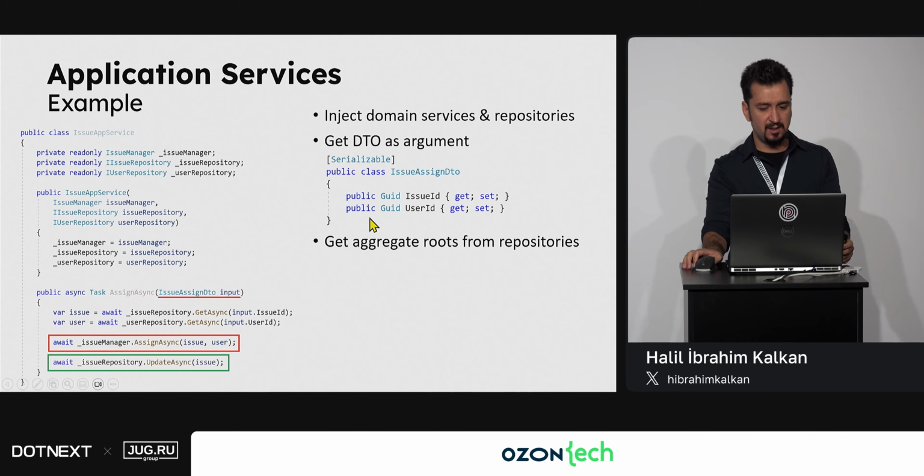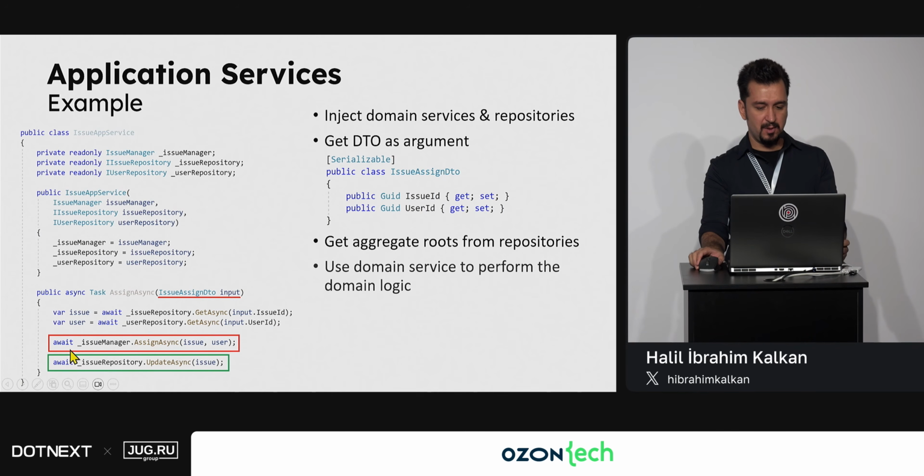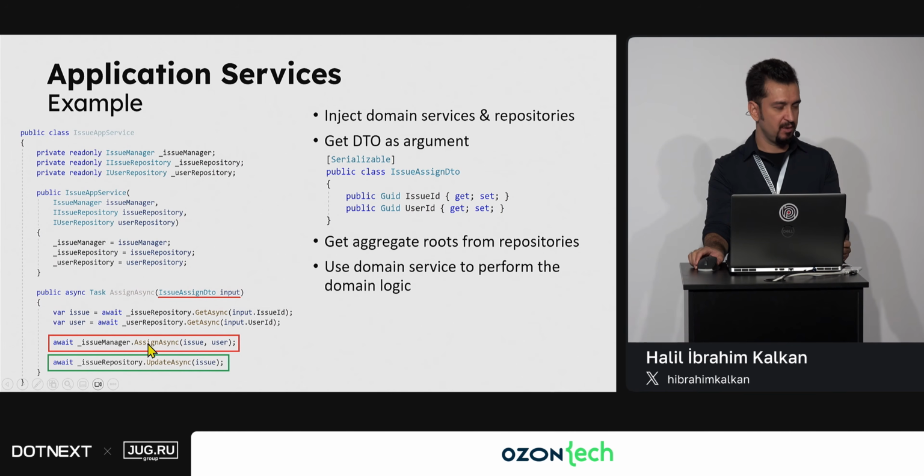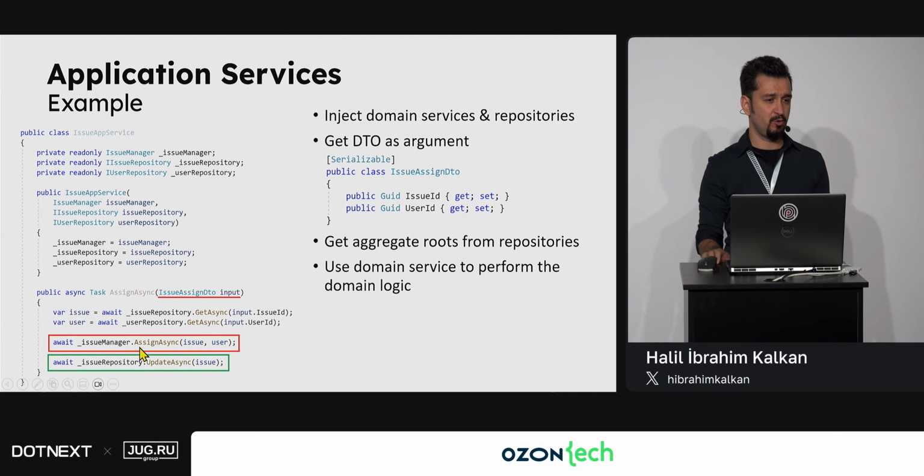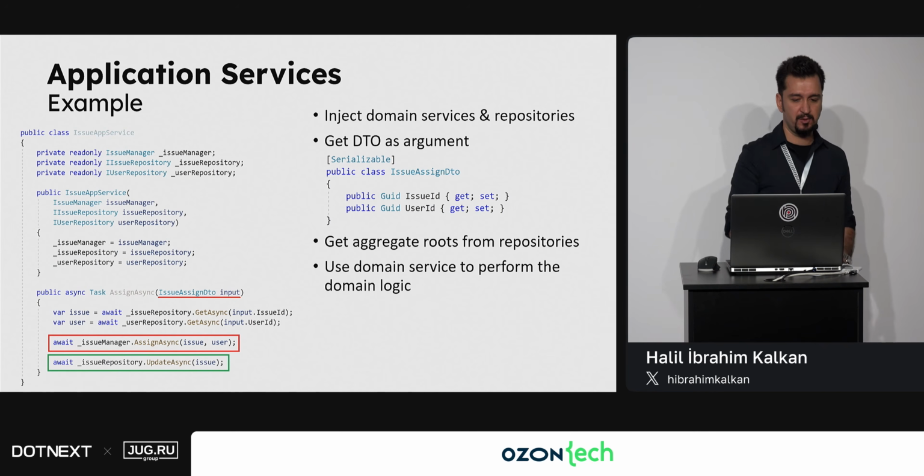Data transfer objects generally should be serializable because they are serialized to JSON and so on. I don't mean that you should put that attribute, because it's for binary serialization, but I want to give you that idea. Here we use the issue manager as a domain service. We didn't implement the logic here because assigning has some domain rules, as you remember from the previous slides.